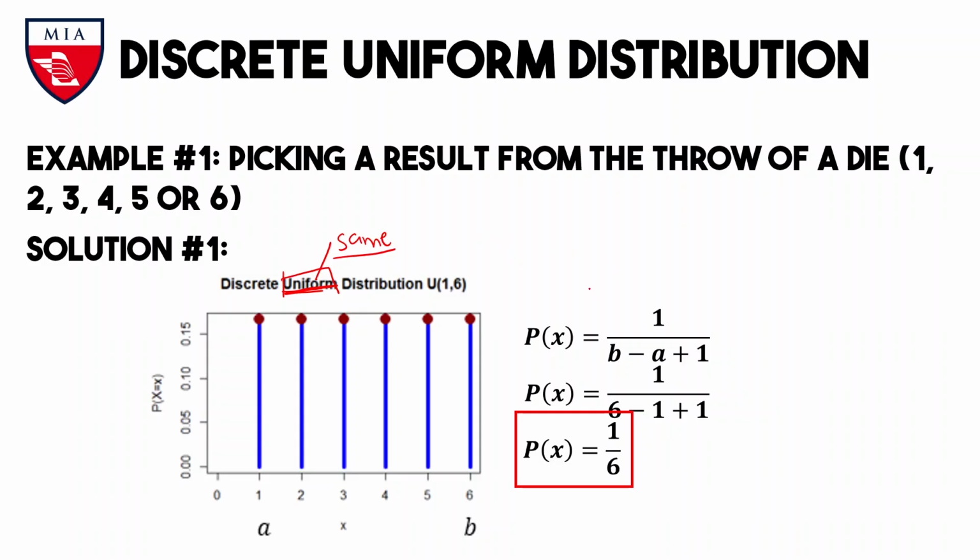In terms of uniform distribution, we have a formula: the probability of x is equal to 1 over b minus a plus 1, wherein b is the number of total outcomes, and a is a certain outcome.